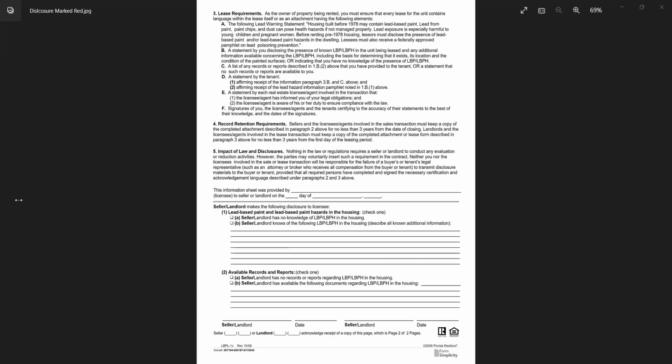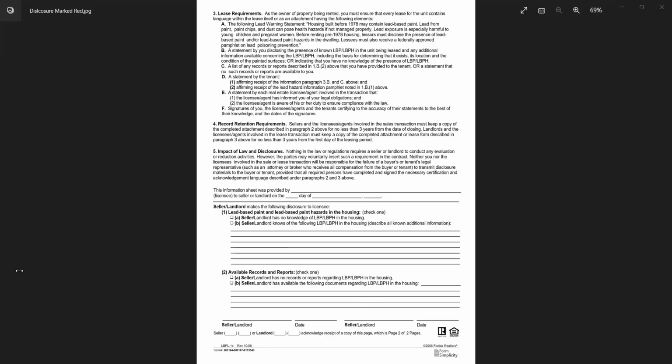Either the seller or landlord has no records or reports regarding the lead-based paint hazard in housing, or the seller or landlord has available the following documents regarding the lead-based paint in the housing. The seller and/or landlord is going to sign, and they're going to also initial at the bottom here. They're also going to be initialing on page 1 of this document as well.